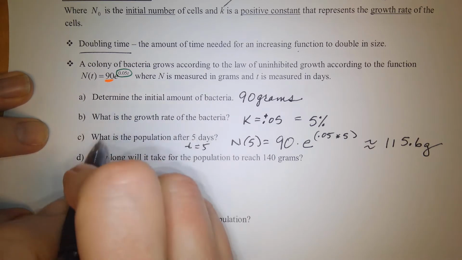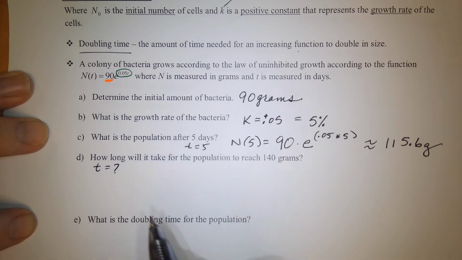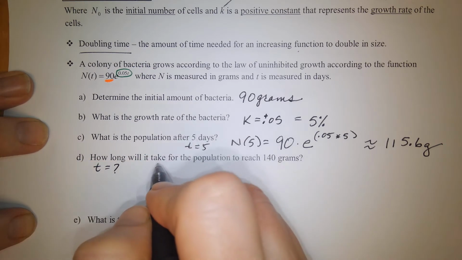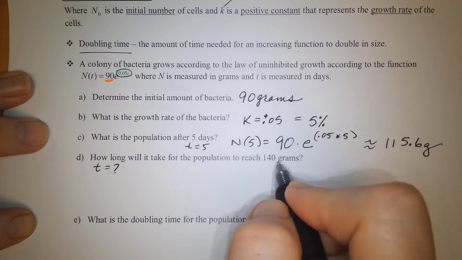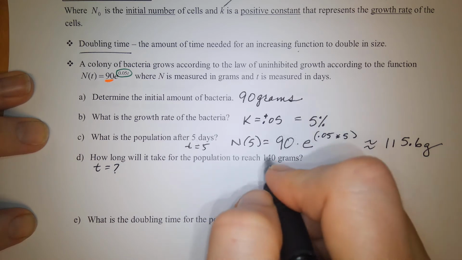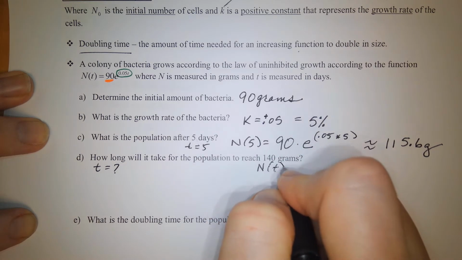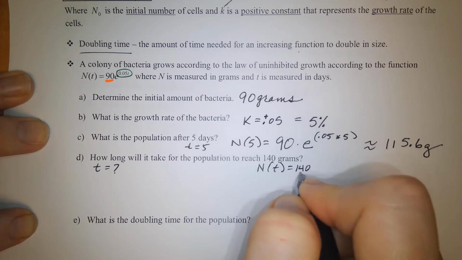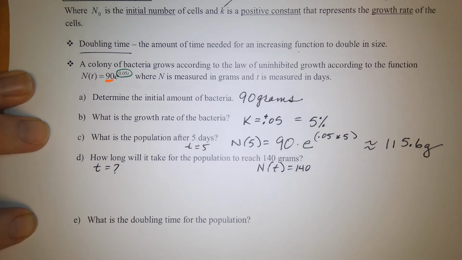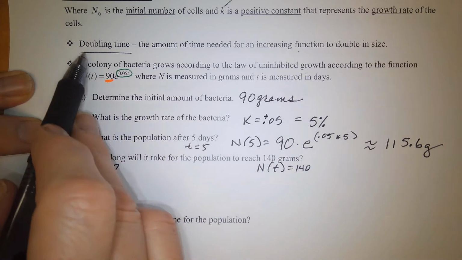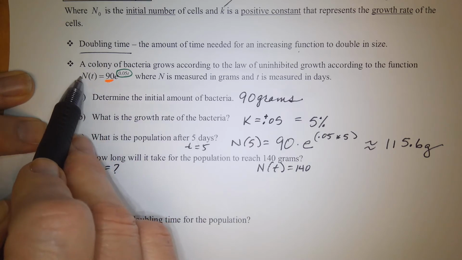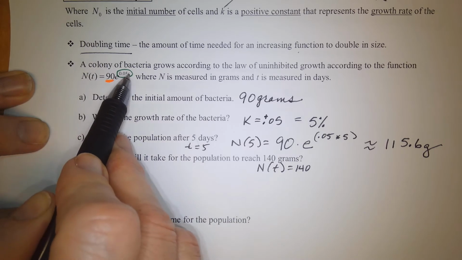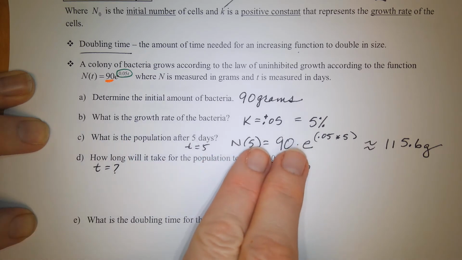How long, so what is t, will it take for the population to reach 140? So I have the future amount. What I don't have is t. So we're going to take the future amount and plug the 140 in for the left side, and then we have to solve this for t instead. So it's exactly opposite of the last question.